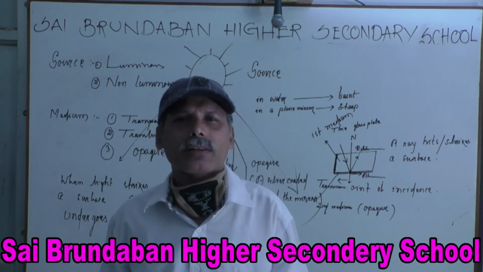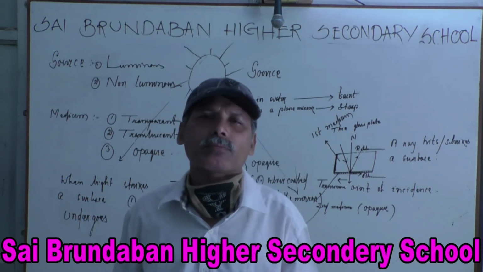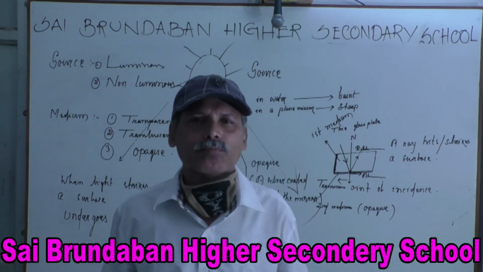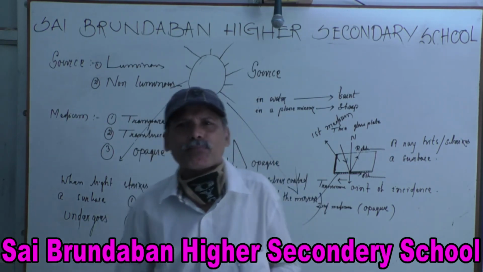The example is the sun. The example is an electric bulb, which emits light itself. Light comes out of it. So that's why it is luminous.